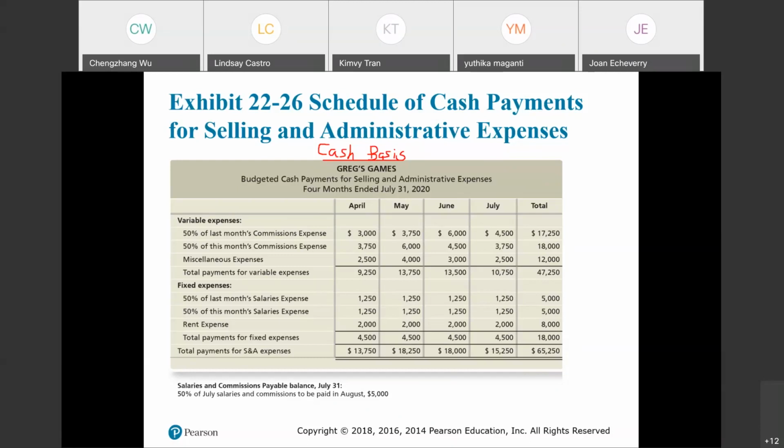So the 4,250 balance can be found in salary and commissions payable in the March 31st balance sheet. That is half of the March payroll of 8,500.